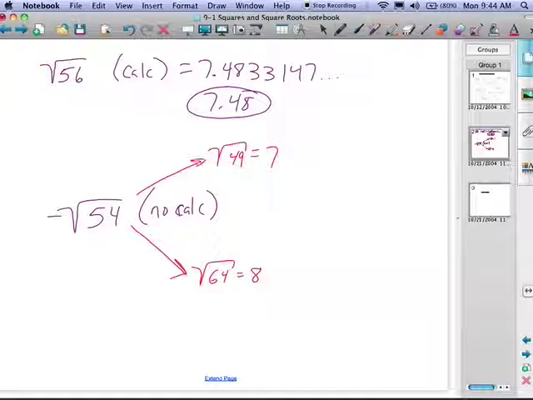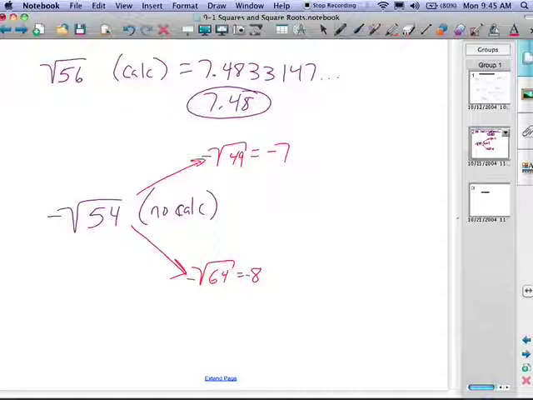So the negative of the square root of 54 is somewhere between the negative of the square root of 49 and the negative of the square root of 64. So now we see that 54 fits somewhere in between.